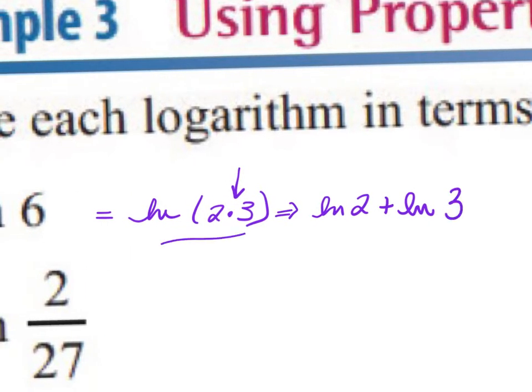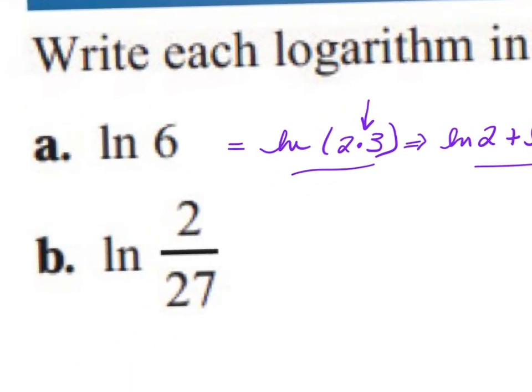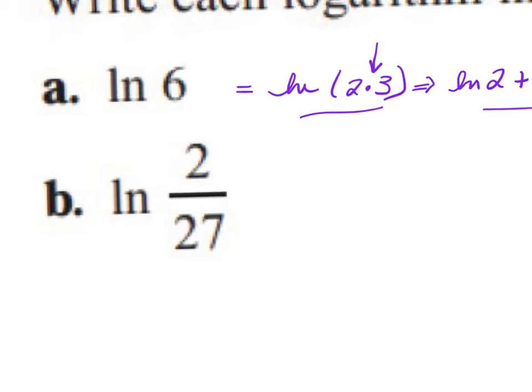Do you see how this one was smushed together and this one we pulled apart? When you smush together, you only have one ln or one log out in front. When you pull it apart, every single little piece gets the ln or the log. Just a matter of smushing, pulling apart, smushing together.